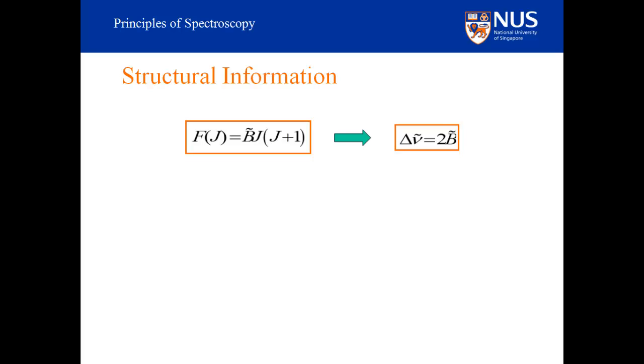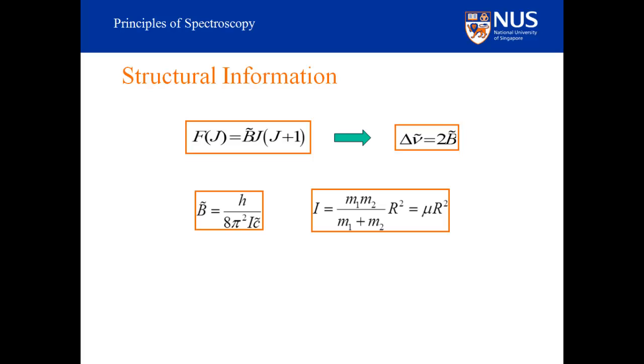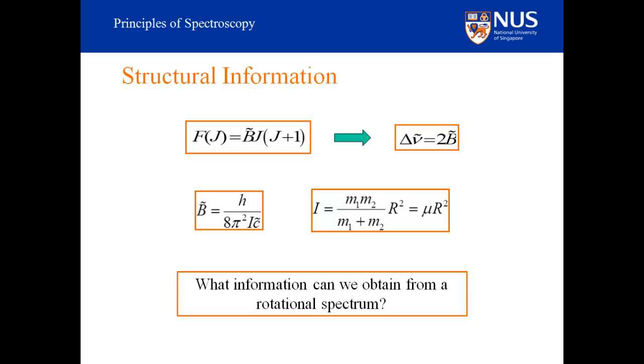Remember, our lines are 2B apart. From the spectrum, we can calculate what B is. Remember that B is inversely proportional to the moment of inertia, and the moment of inertia is proportional to the bond length squared. So by taking the rotational spectrum, I am literally measuring the bond length of the molecule.